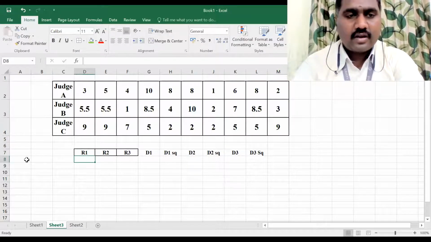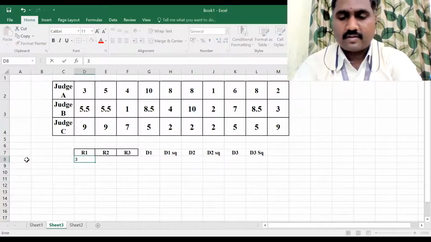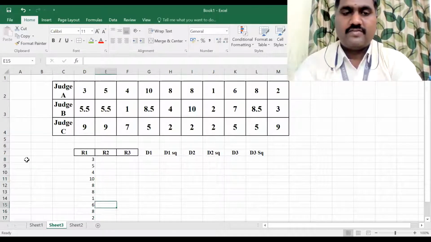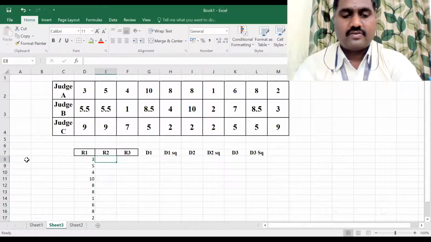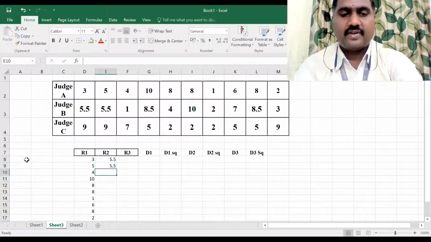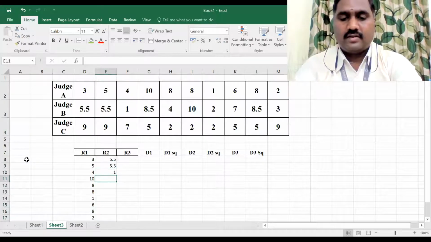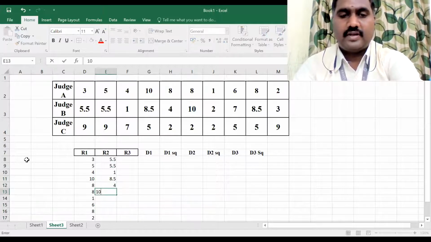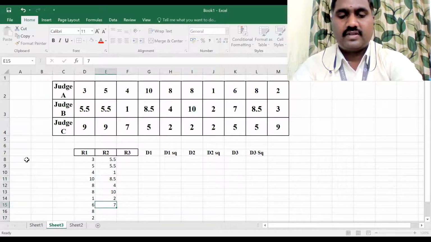Now what is R1? The rank given by judge A will be 3, 5, 4, 10, 8, 8, 1, 6, 8, 2. Similarly, the rank given by the second judge, R2, is 5.5, 5.5, 1, 8.5, 4, 10, 2, 7, 8.5, and 3.